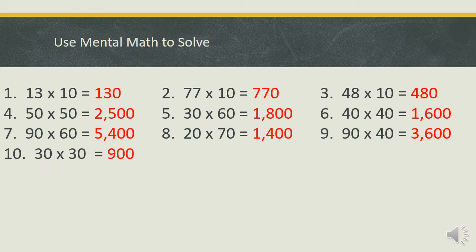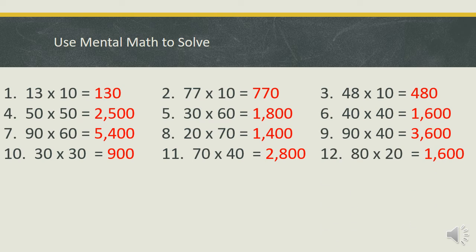Number 10, 30 times 30 is 900. Number 11, 70 times 40, 2,800. Number 12, 80 times 20, 1,600. Number 13, 84 times 100, 8,400.